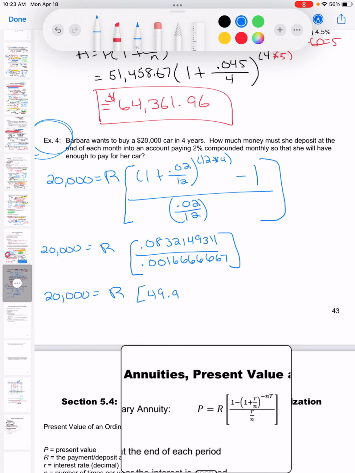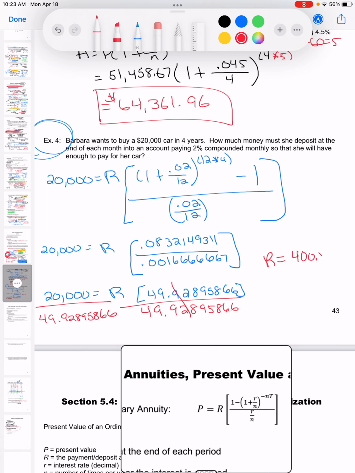And again, yours might be off a little bit at the end because of all those sixes. That's okay. And I'm going to divide both sides by 49. So that tells me each month I need to deposit $457. If I do that, at the end of 4 years I'll have the $20,000 that I need to buy the car.